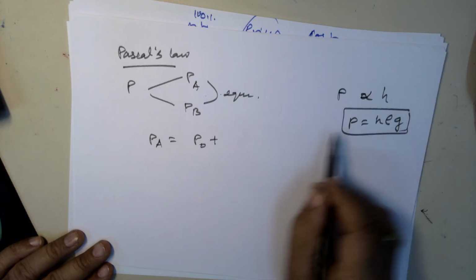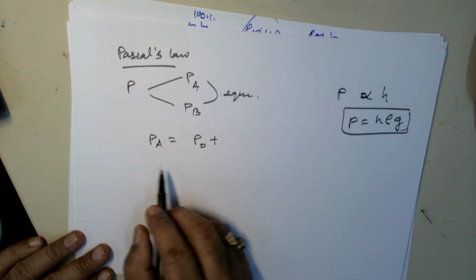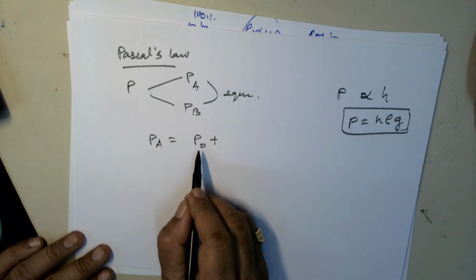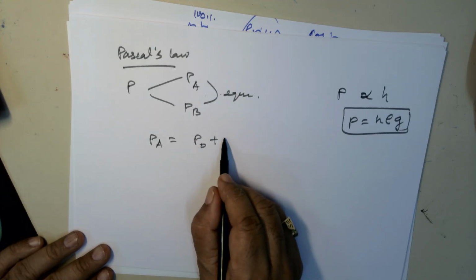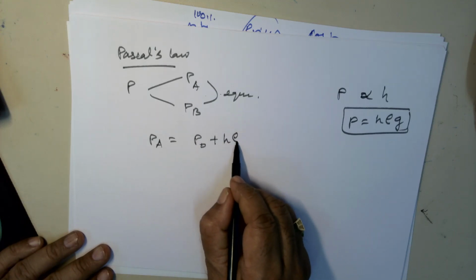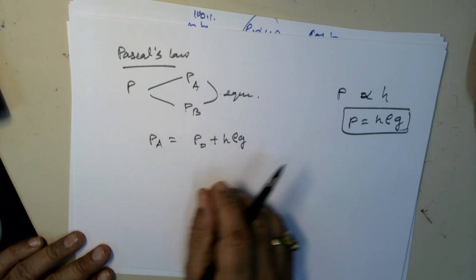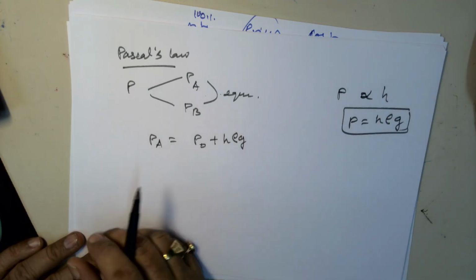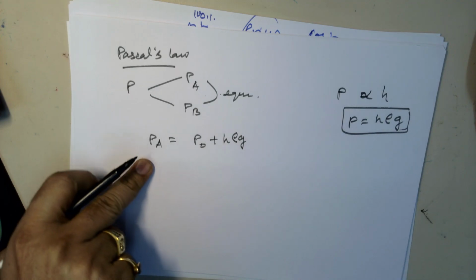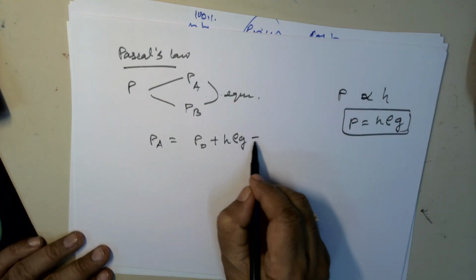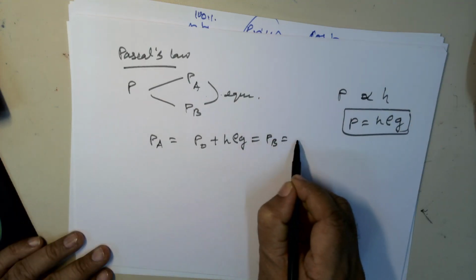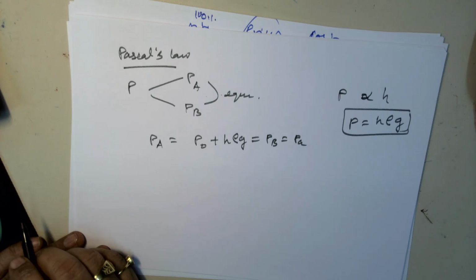So that is one formula. So in that case, you can replace this. So you can call it PO plus h rho g. So that is the pressure head here. So that is equal to PB, which is nothing but the atmospheric pressure PA.